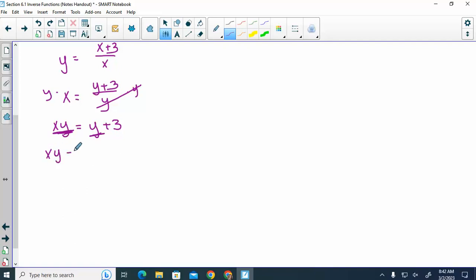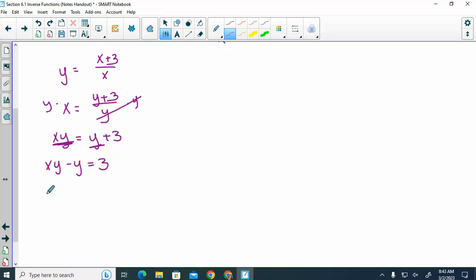So I'm going to subtract over my y. Then what would you do? Take out the y. Now we have y times something, so you can divide. So our inverse is 3 over (x minus 1).